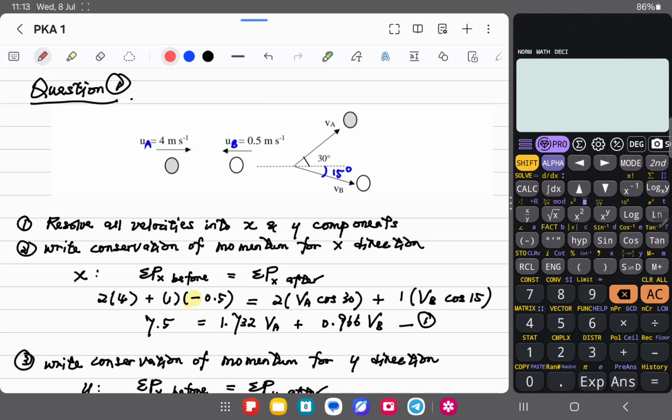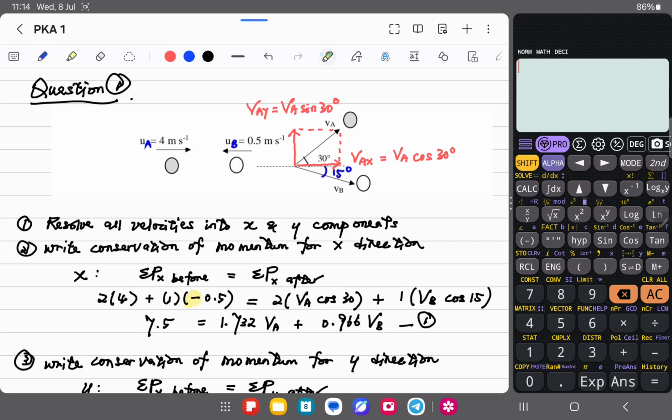So I need to do the resolving for the final velocity, ball A. So I resolve it into the horizontal component, VAX will be VA cos 30, and then the vertical component, VAY will be VA sin 30.